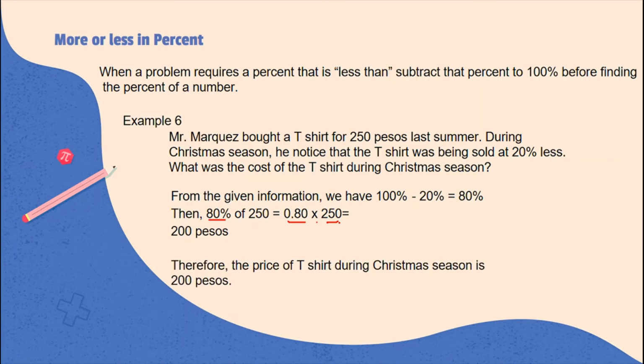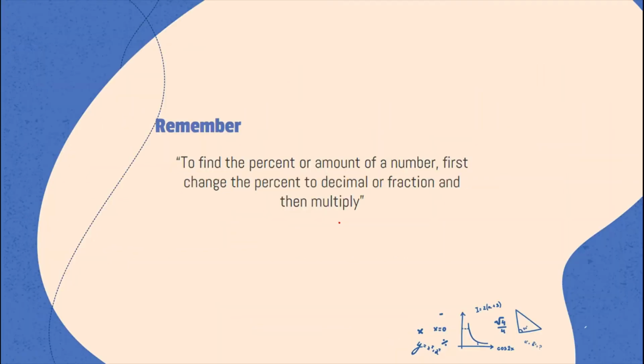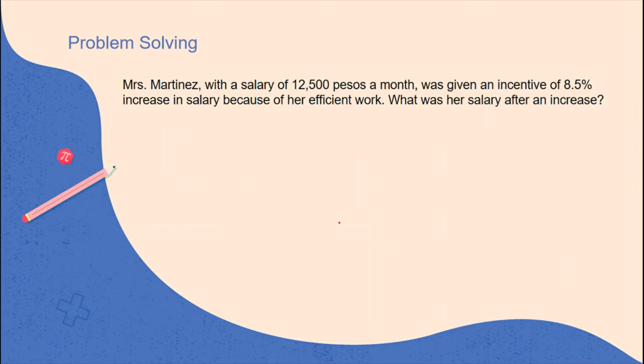So therefore, the price of the t-shirt during Christmas season is 200 pesos. Remember, to find the percent or the amount of a number, first change the percent to decimal or fraction and then multiply. So let us try some word problems here.